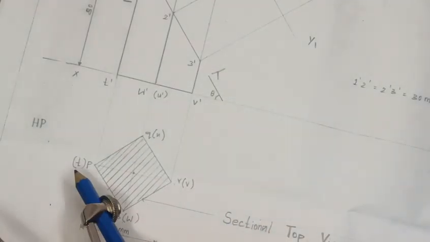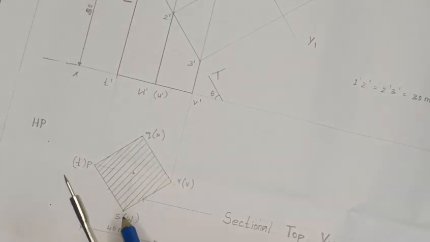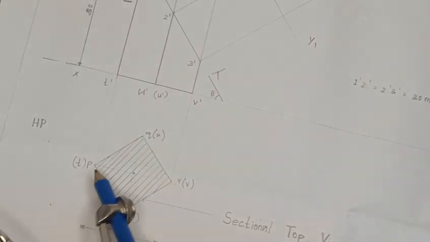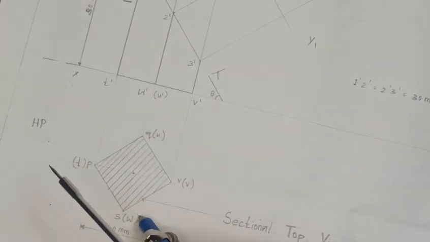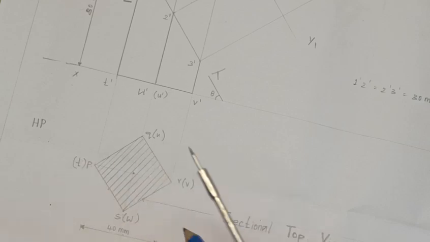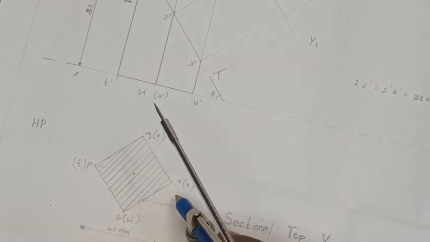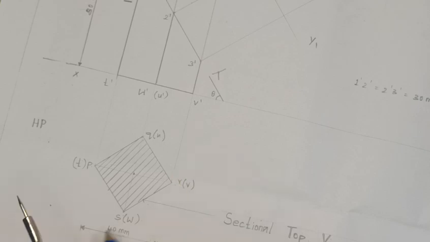Now complete PQRS, and in the same portion mark UVWT. PQRS has a diagonal value of 40 mm.